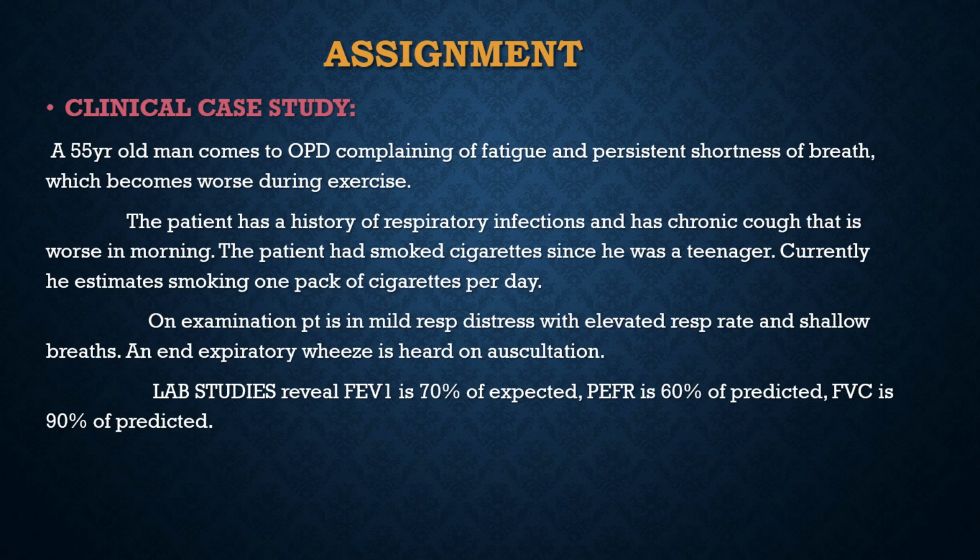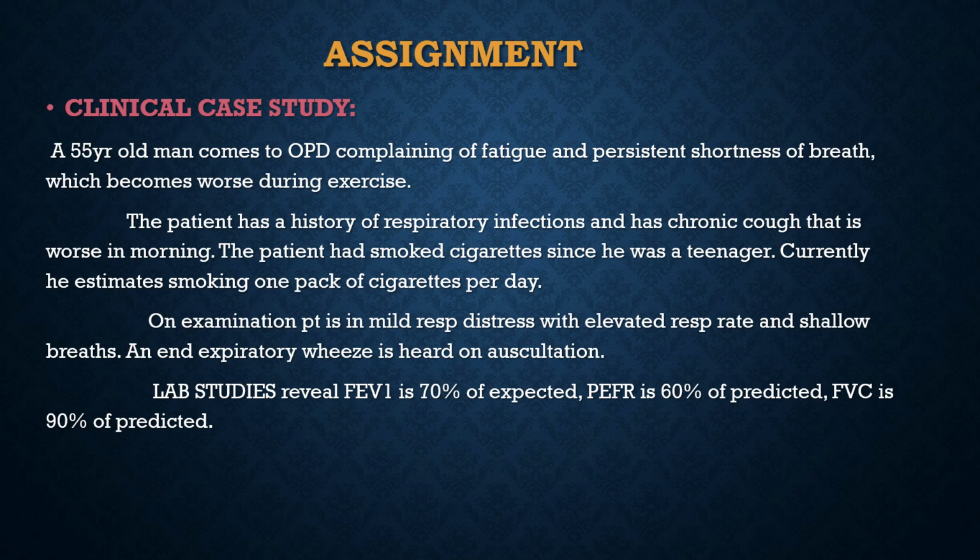On examination, the patient is in mild respiratory distress with elevated respiratory rate and shallow breaths. An end expiratory wheeze is heard on auscultation. The lab studies revealed FEV1, which is 70% of expected, PEFR is 60% of predicted, and FVC is 90% of predicted. So this is the case study.